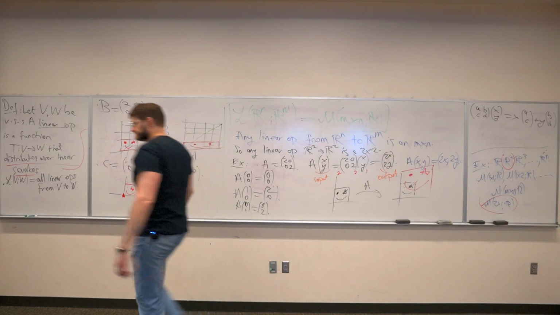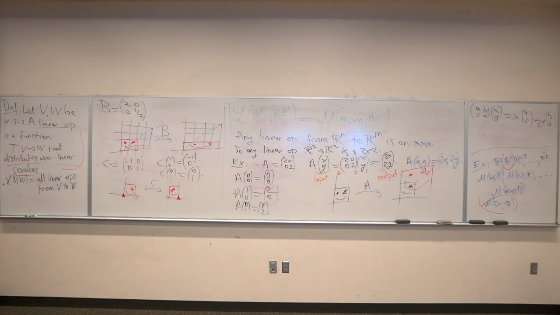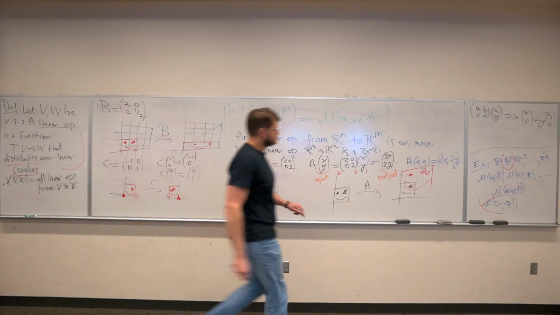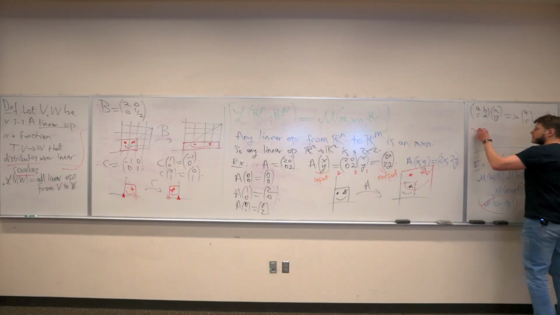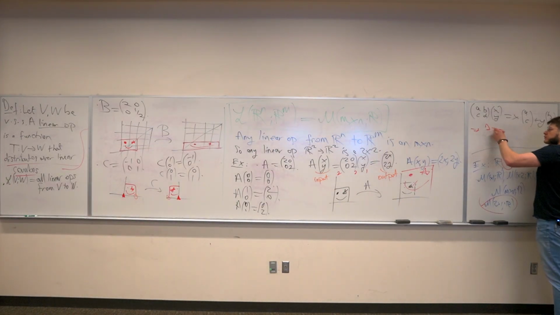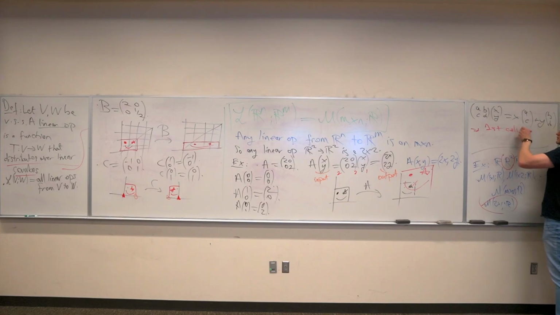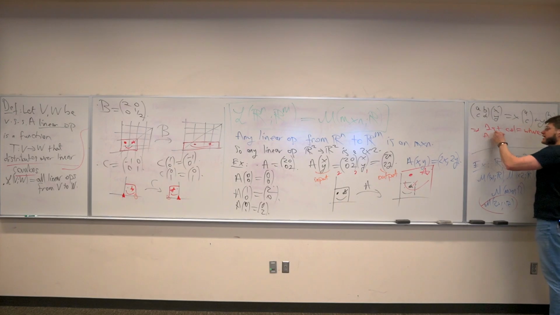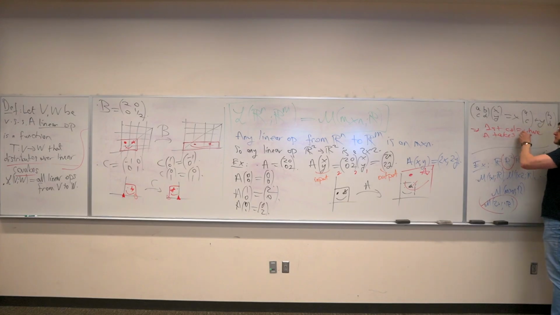I'll write it. So first column is where A takes 1, 0 to.